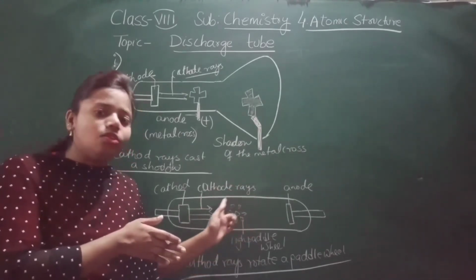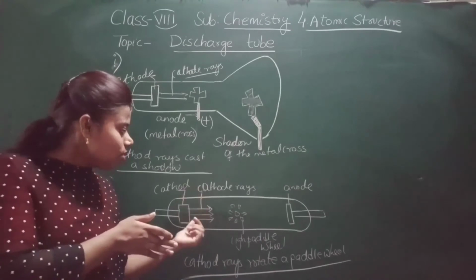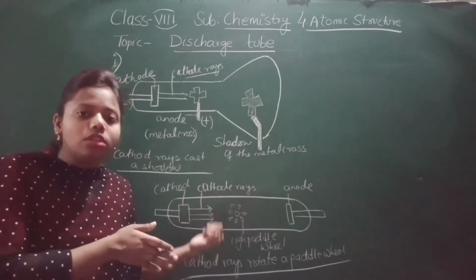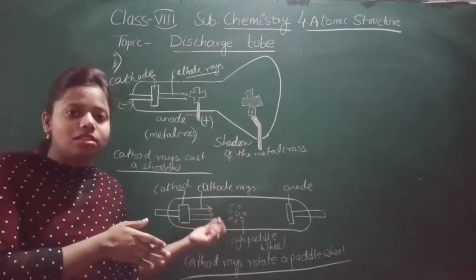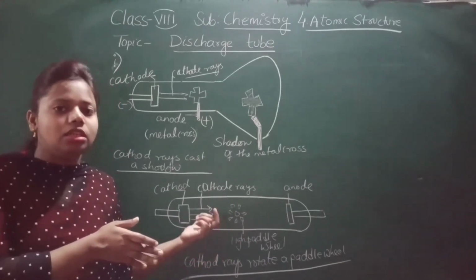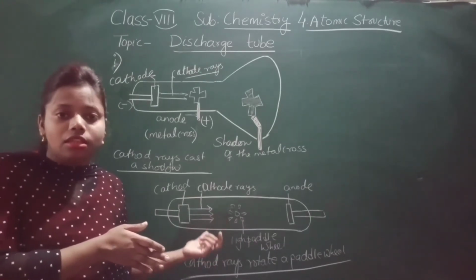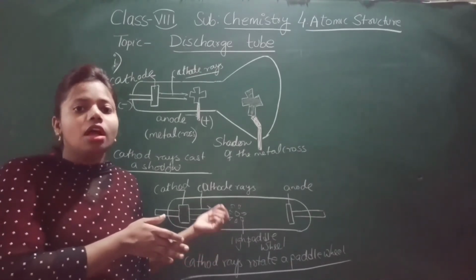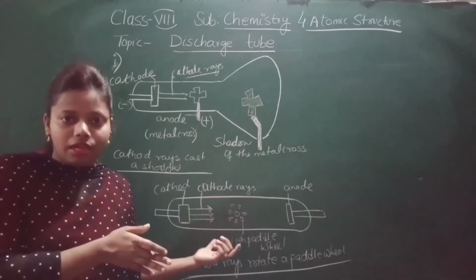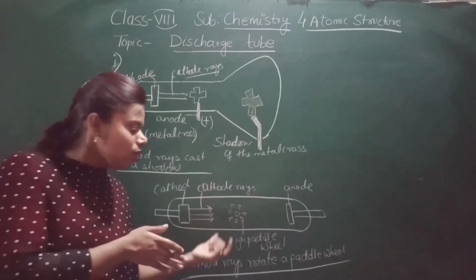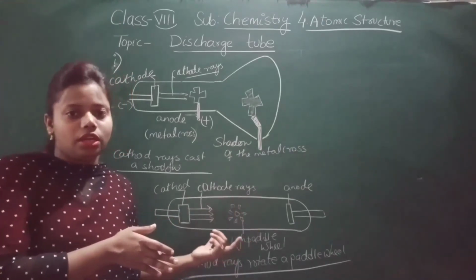Why did it start to rotate? What was there in the cathode rays that made this paddle wheel rotate? It was the fast moving particles present in the cathode rays. So this experiment shows that cathode rays consist of high speed particles that made the paddle wheel rotate.